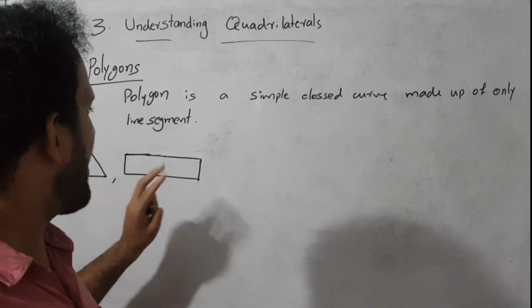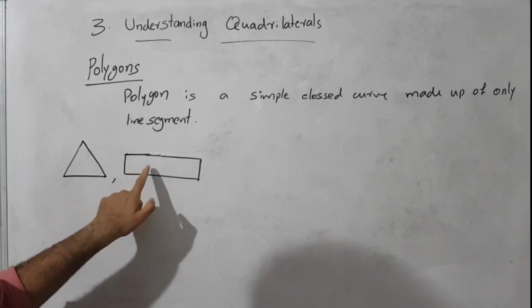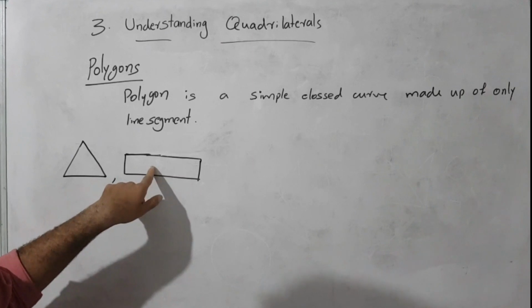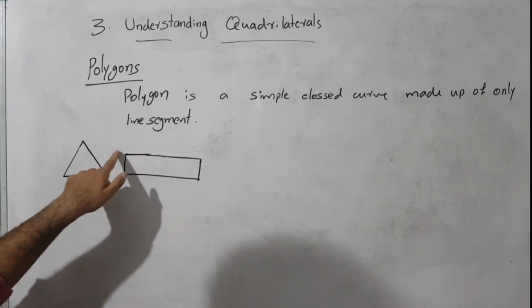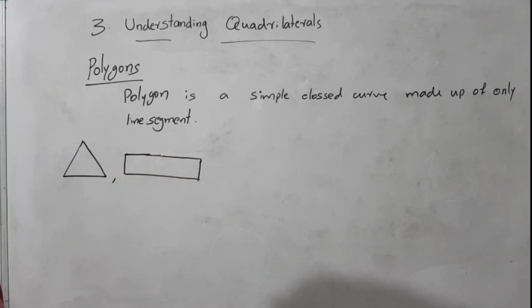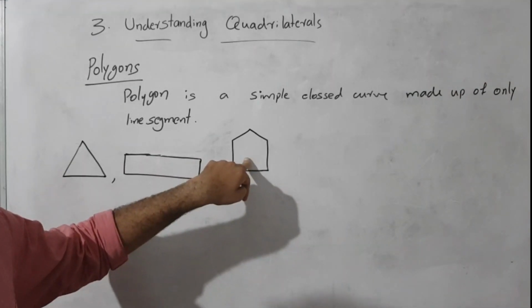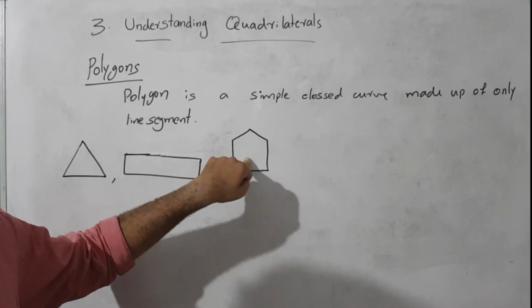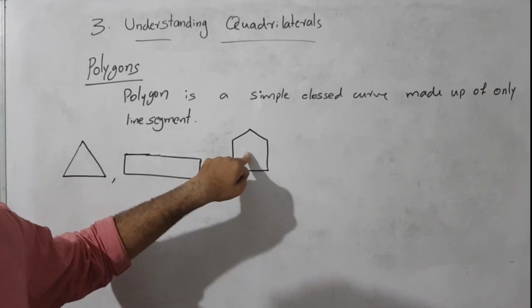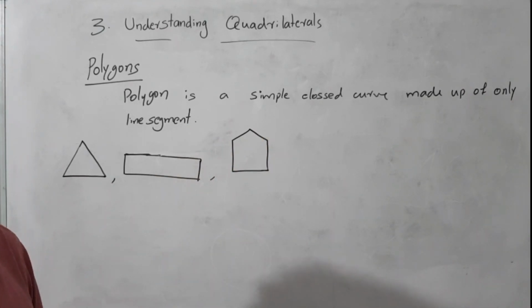So triangle is a polygon. The case of rectangle: rectangle is a polygon. Why? Because it's a simple closed curve, the sides are not crossing, and it is made using only line segments. We join the points using only line segments, correct? Another example is the pentagon, with 5 sides. This is also a simple closed curve made up of only line segments, so pentagon is also a polygon.